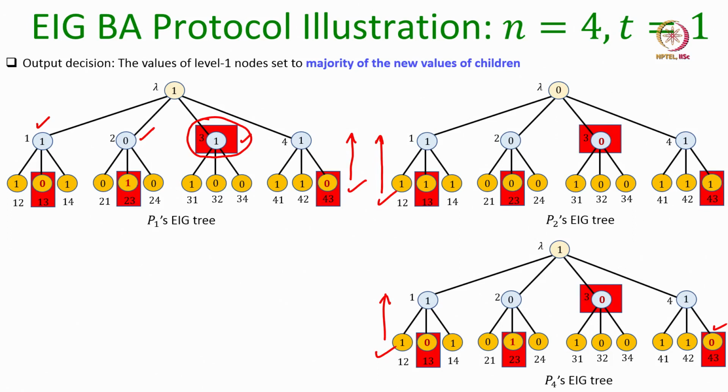But as soon as we do the reassignment process and take the majority of the new values of the children, you see a magic happens. All the new values which are computed for the node ending with 3 turn out to be 0, because the majority turns out to be 0, even though the old values were different. I stress, the old values were 1 0 0 respectively, but now the new value is 0 across all the EIG trees.